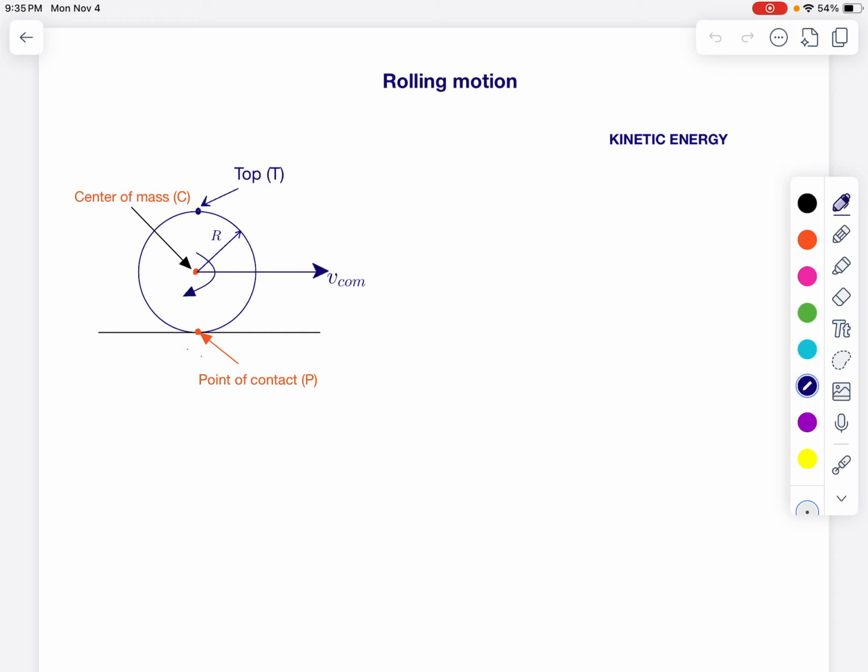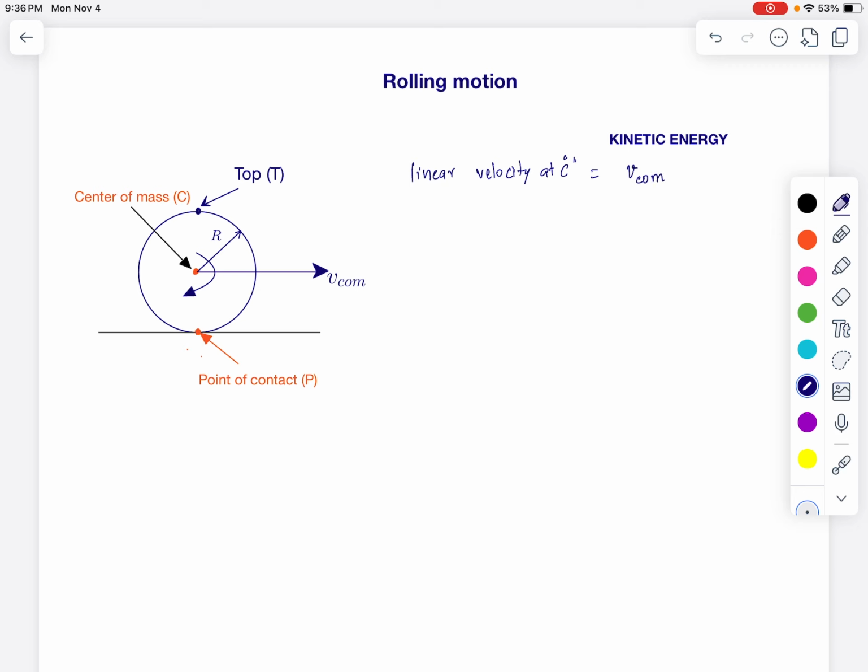The linear velocity at C is the velocity of the center of mass, and that's just VCOM.